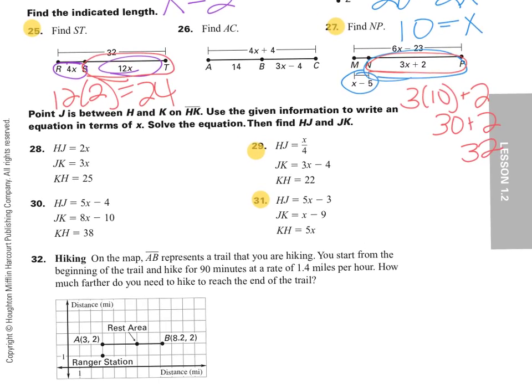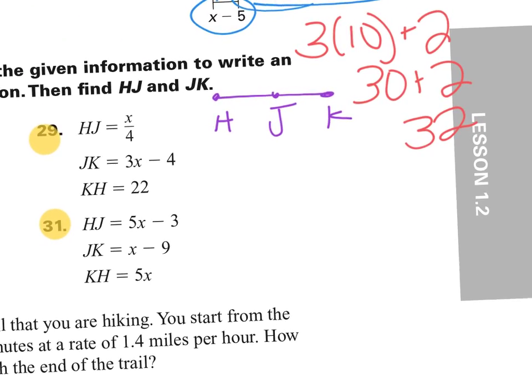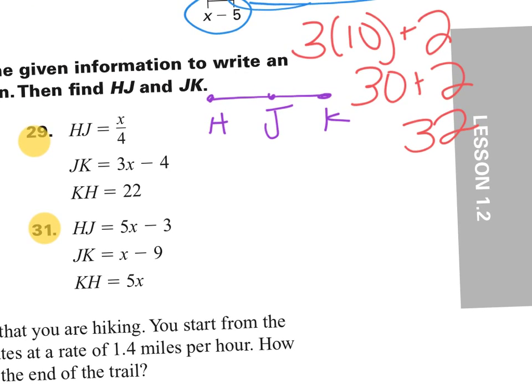The next set says J is between H and K on HK. Use the given information to write an equation in terms of x and then solve the equation and then find HJ and JK. So I've got H, K, and J is somewhere in between, not necessarily halfway between. So for 29, it gives you this is x over 4. This is 3x minus 4.